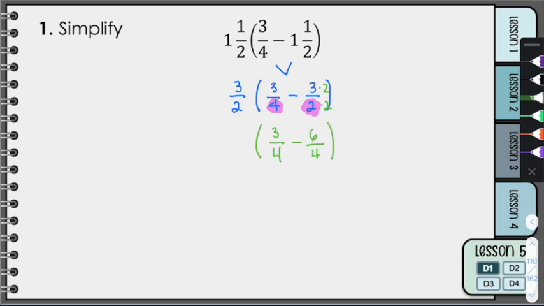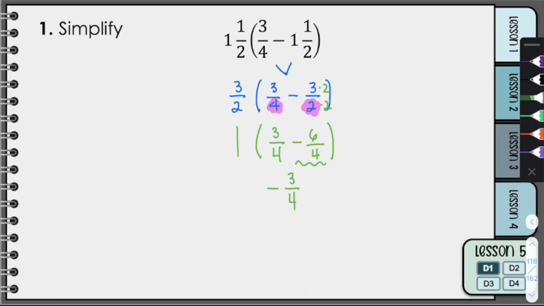I'm going to combine them so I know that I'm adding a positive and a negative, two different signs, so I need to take the difference. It's 3/4, and I know that 6/4 is my larger absolute value, so I'm going to take a negative 3/4.